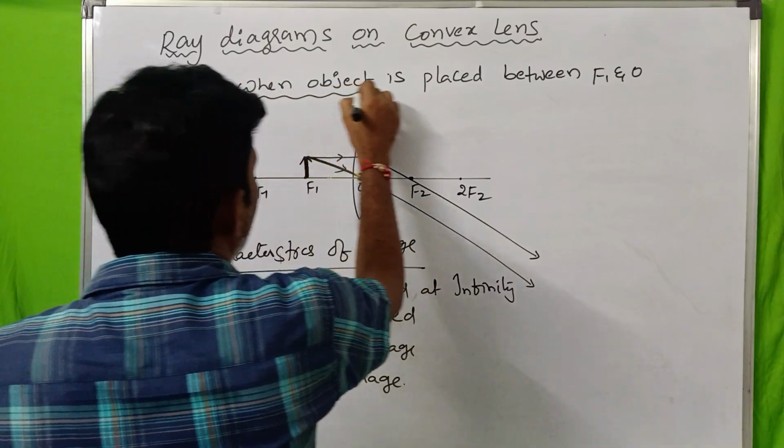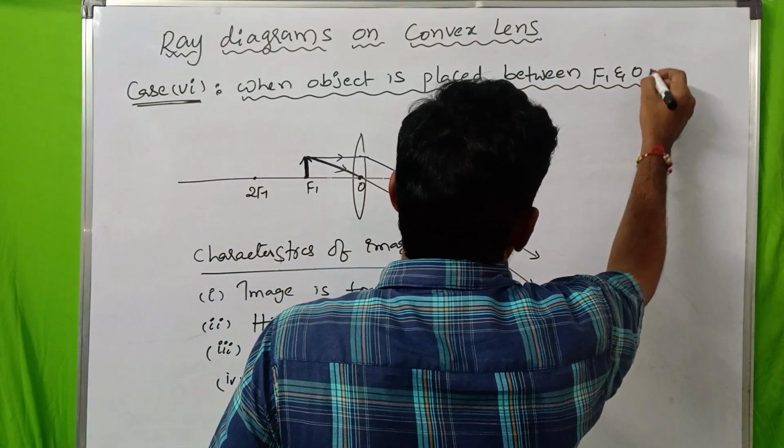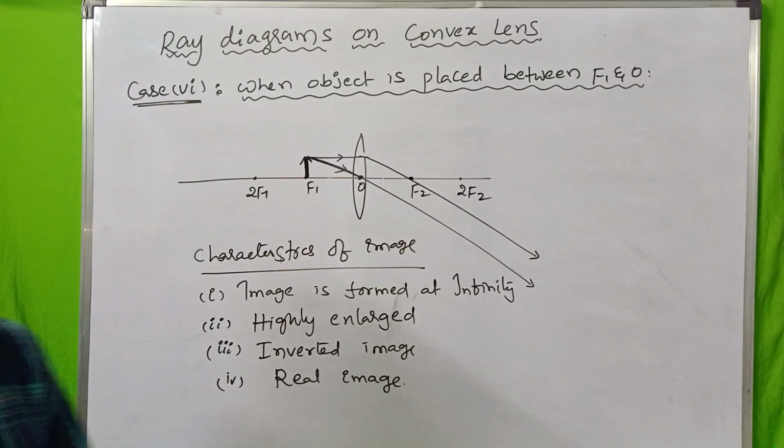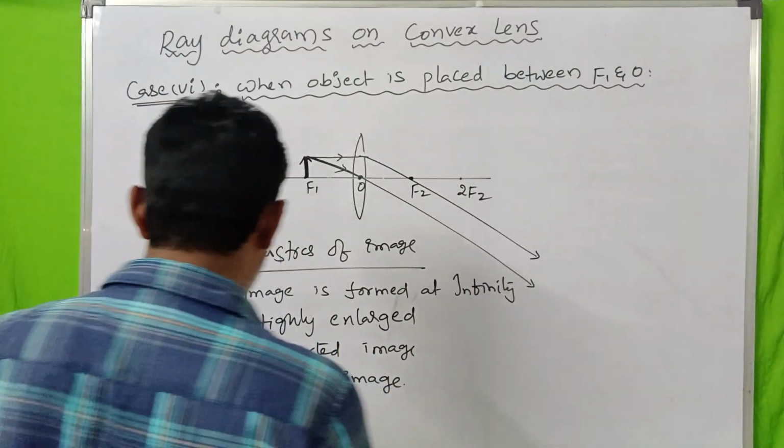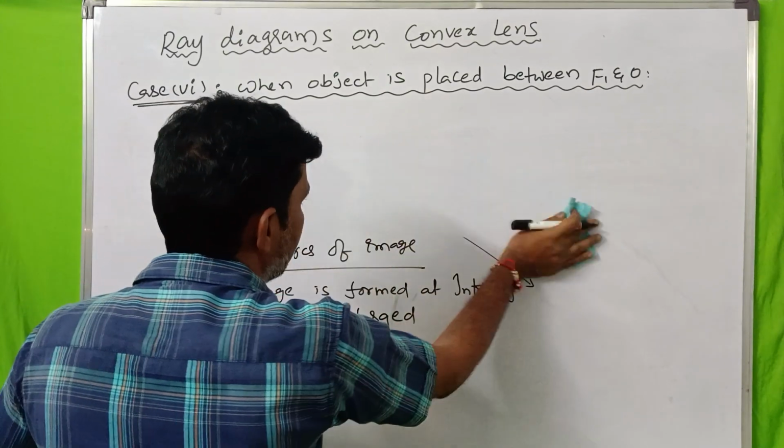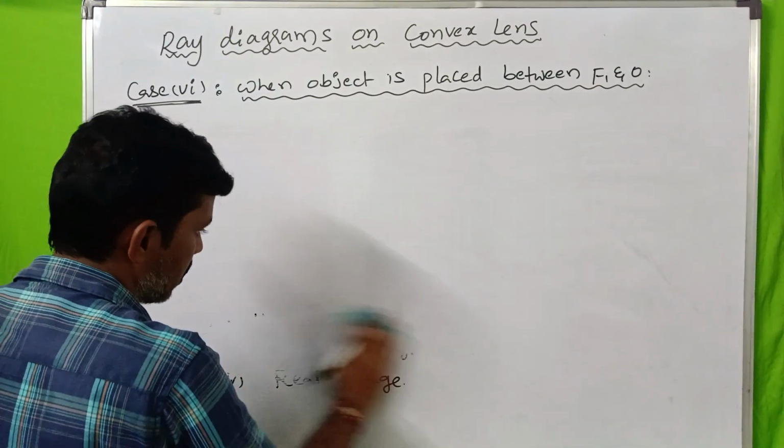So placed between the focus point and the optic center. Okay, clear? Right. Let us draw the ray diagram for that case.